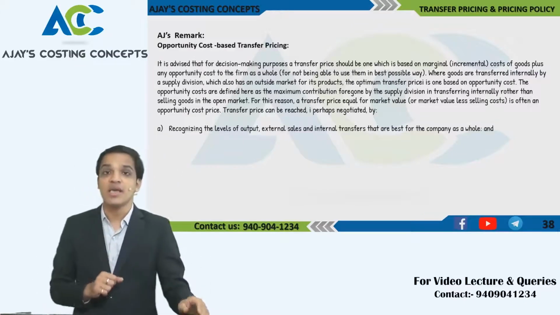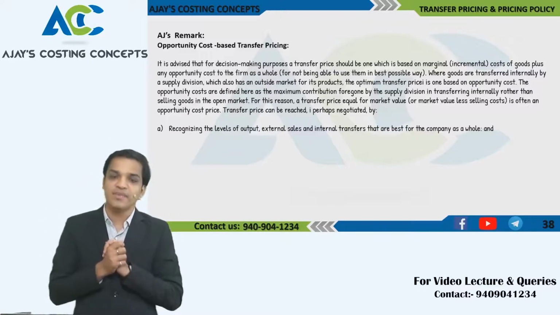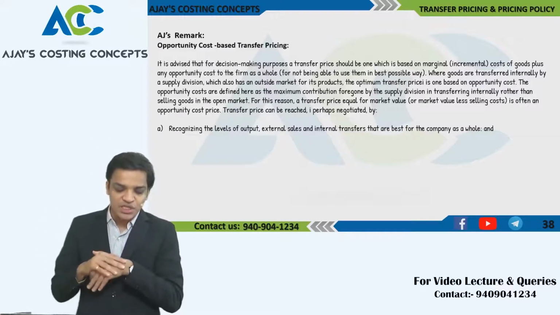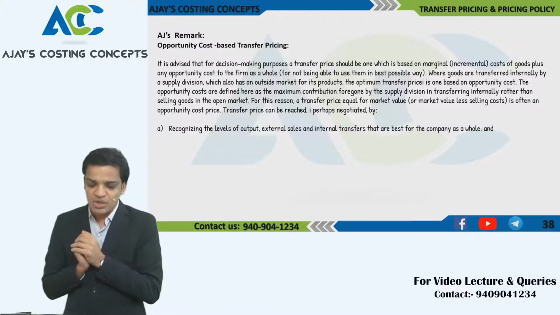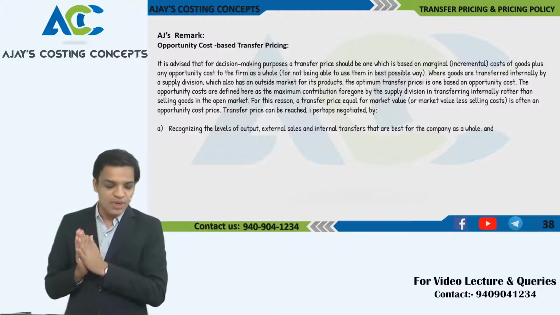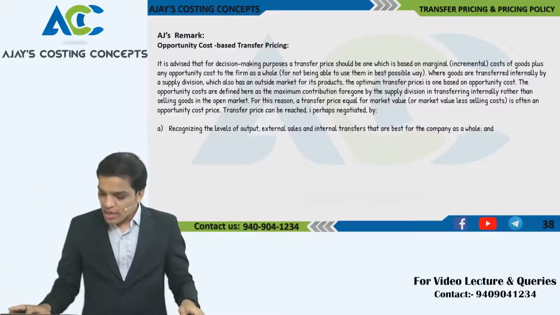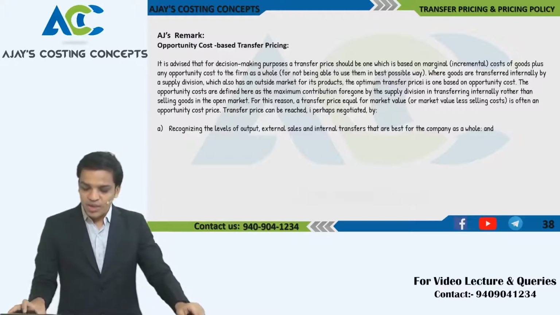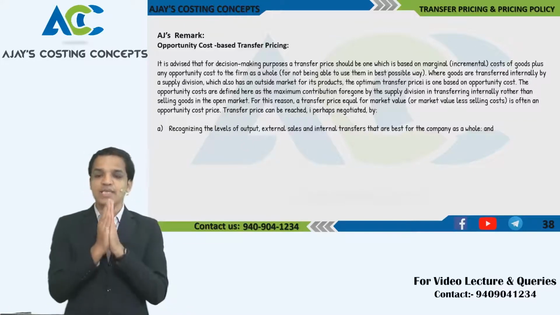What is this? See, this is the third situation I described, a very important situation. On the basis of that, it is advised that for decision making purposes, a transfer price should be one based on marginal cost, that is incremental cost, plus any opportunity cost of the firm as a whole. So any opportunity cost you have is also to be considered, as well as your cost of goods.